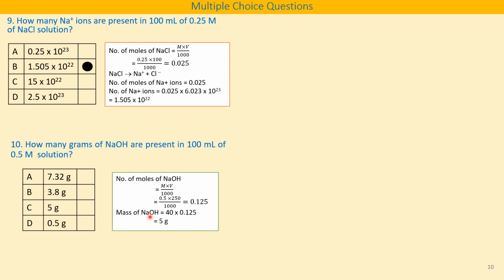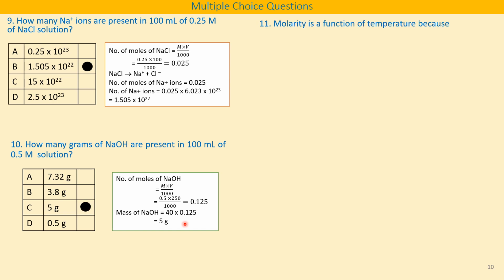Mass of NaOH is equal to 40 into 0.125, that is equal to 5 grams. So this answer is available as option C.